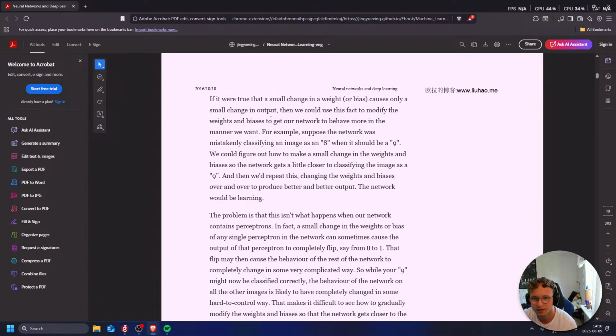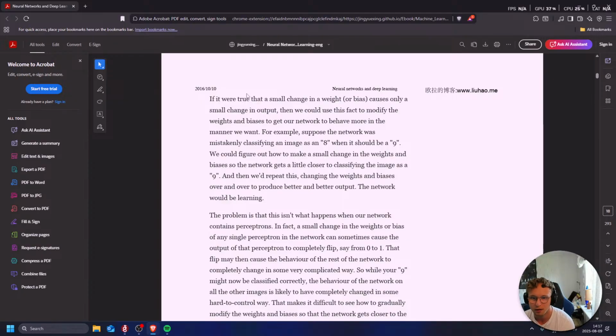If it were true that a small change in weights or biases caused only a small change in output, then we would use this fact to modify the weights and biases to get our network to behave more in the manner we want. For example, suppose the network was mistakenly classifying an image as an 8 when it should be a 9. We could figure out how to make a small change in the weights and biases so the network gets a little closer to classifying the image as a 9.